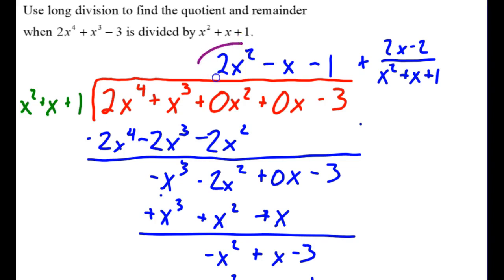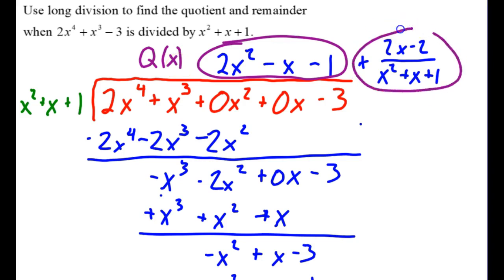So our 2x squared minus x minus 1, that is our quotient, our q of x function. And the value we have left, this is the remainder, which you'll see as the r of x function.